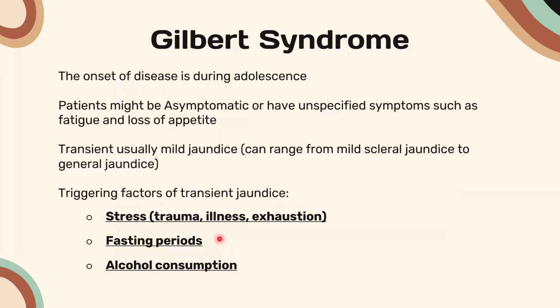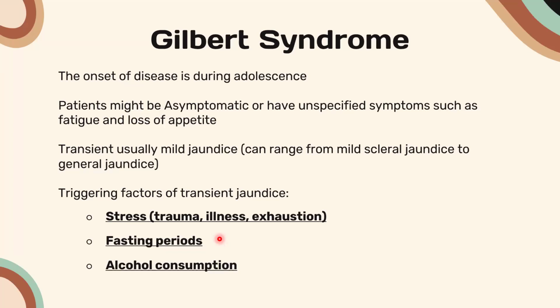This means that if the patient undergoes any sort of stress, like a trauma, illness, or exhaustion, where their body needs more nutrients and more energy, the liver is going to become preoccupied with breaking down macromolecules and releasing energy. And it's not going to be able to convert the unconjugated bilirubin into conjugated.